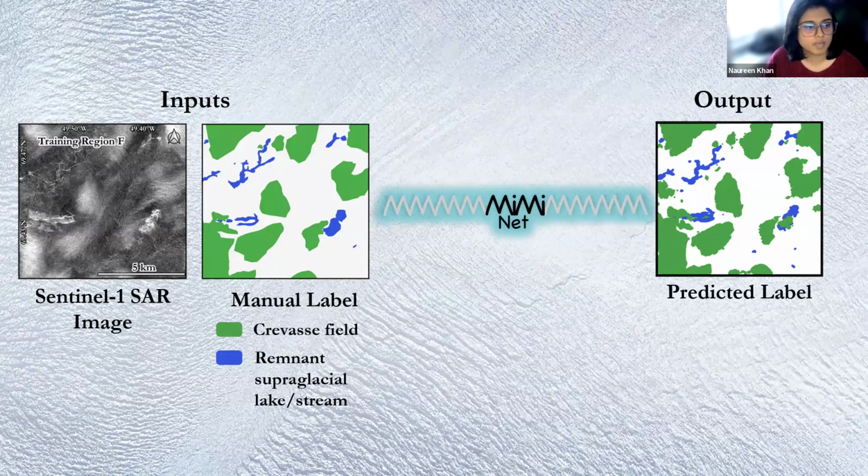We also manually digitize these crevasse fields and any remnant meltwater features on the ice sheet. Then we train the model with the images and the labels, and after training, the model is able to predict finer outlines of these two classes.